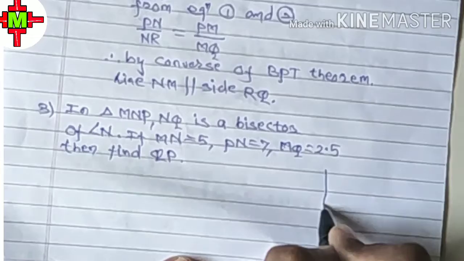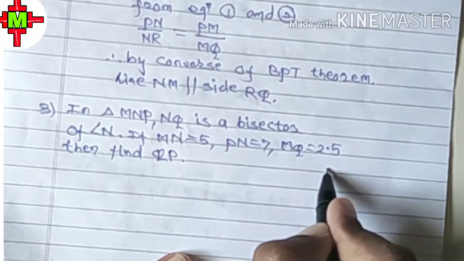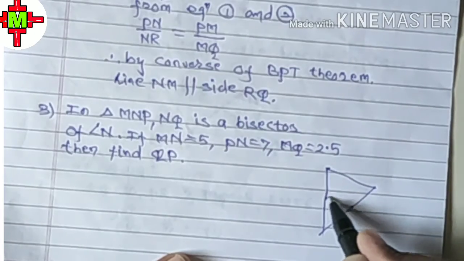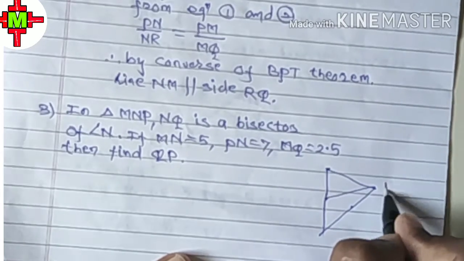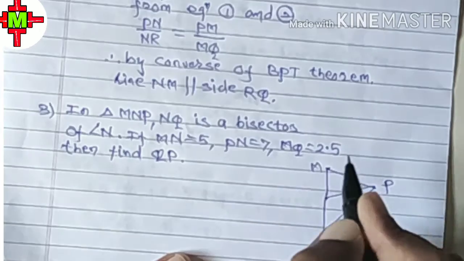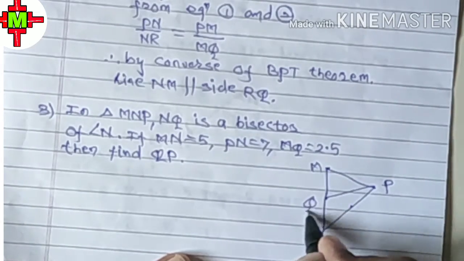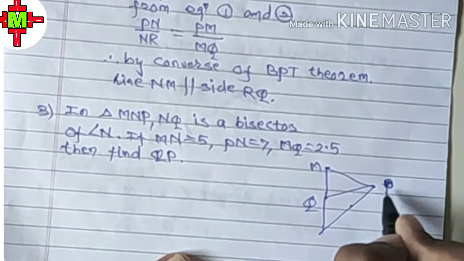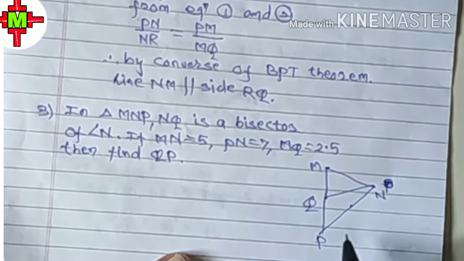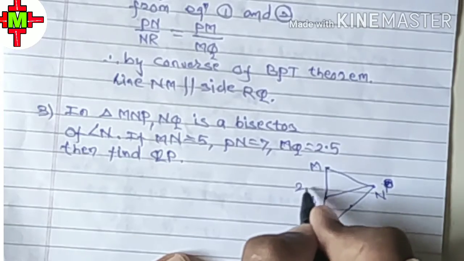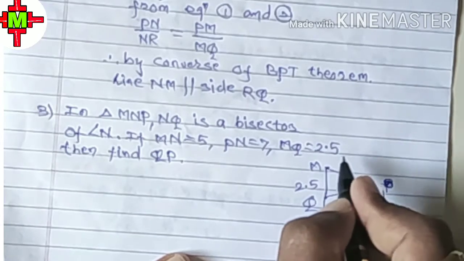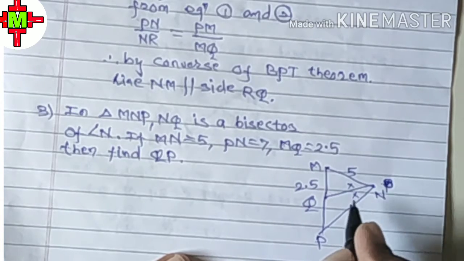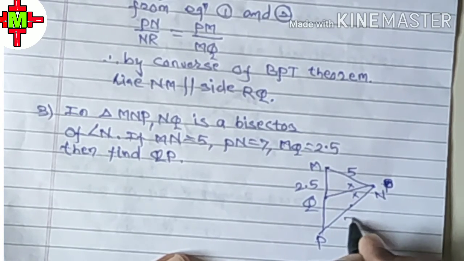See in this figure. P, M, Q, here is N. MQ is given 2.5, MN 5, and PN 7.